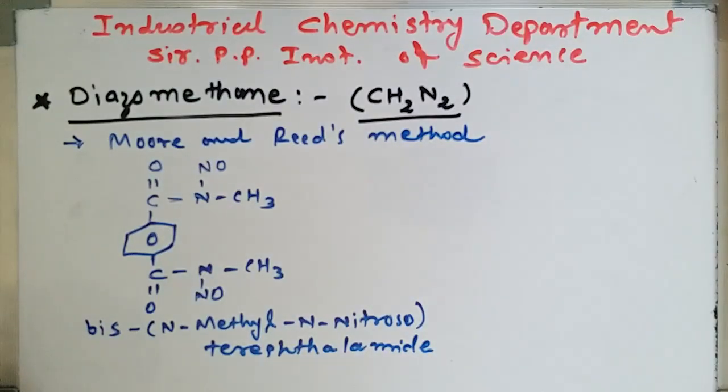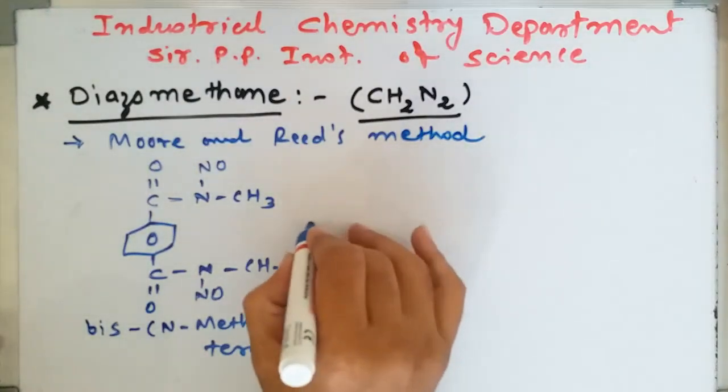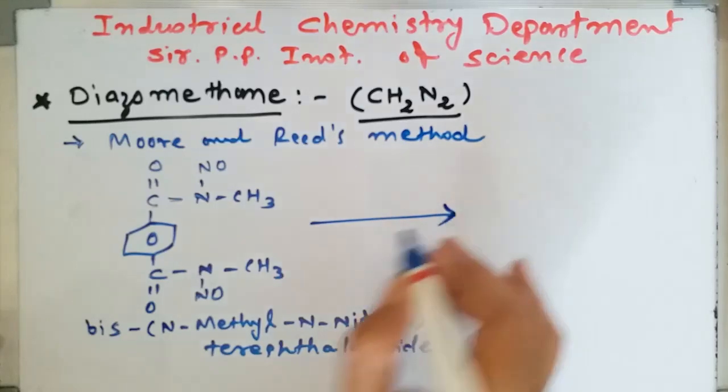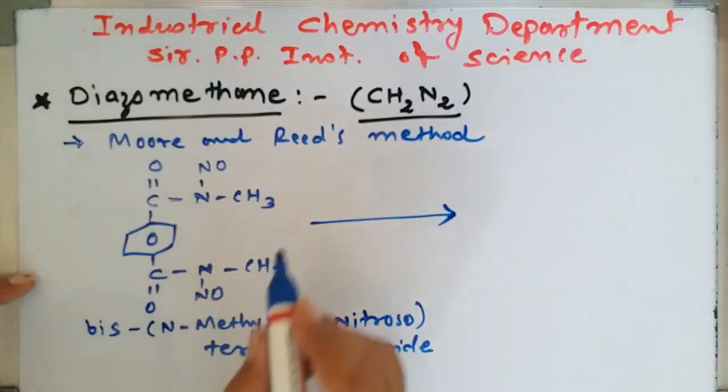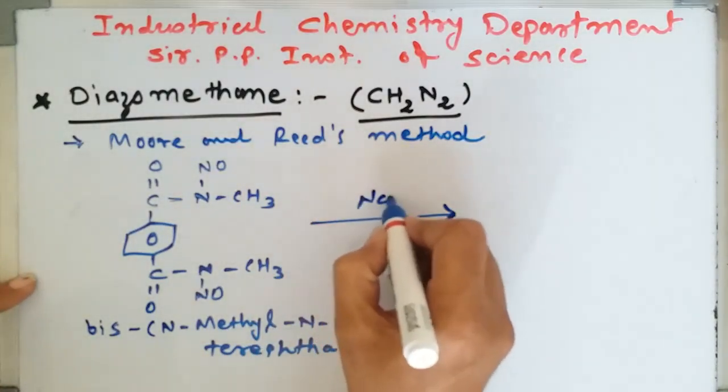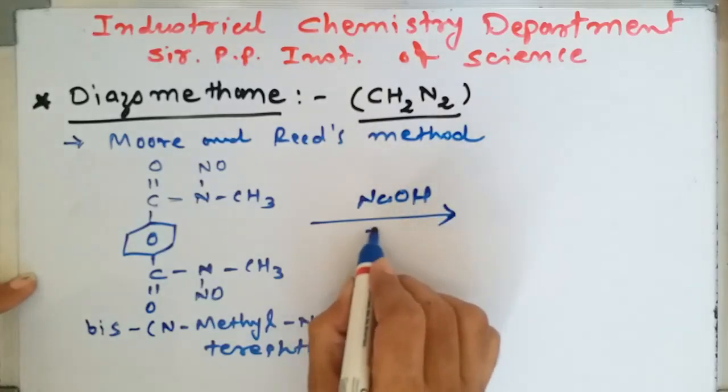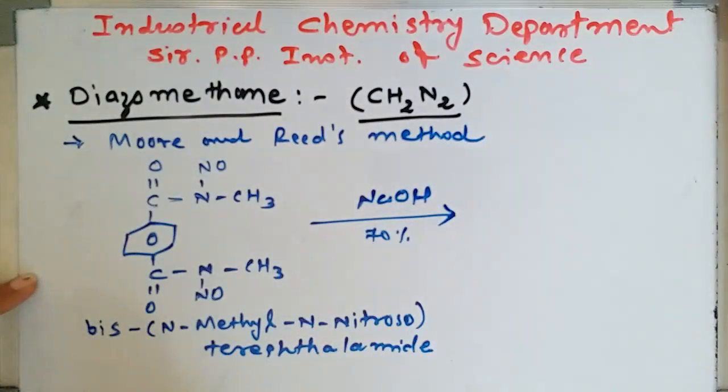In 1961, they prepared diazomethane in quantitative yield by alkaline hydrolysis of bis N-methyl N-nitroso terephthalamide. Alkaline hydrolysis is done with the help of NaOH, a 70% solution of NaOH.